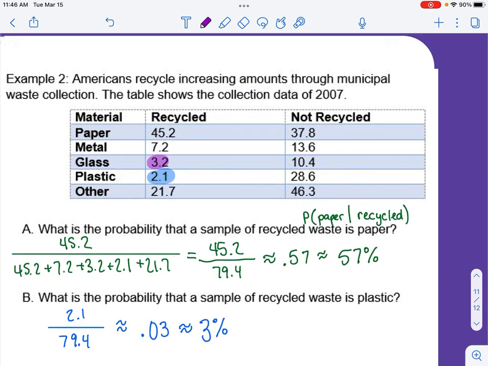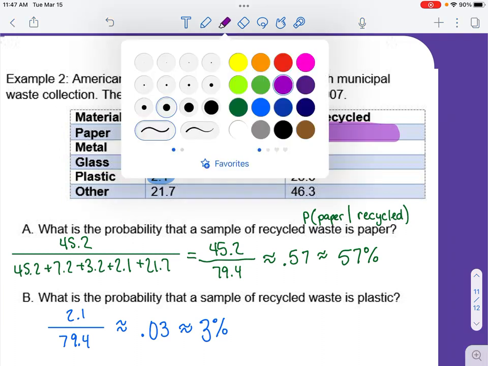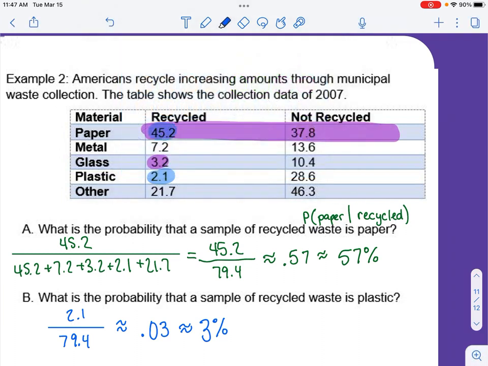If they had said, what is the probability that paper is recycled, you would be looking at the paper section, specifically at the recycled.